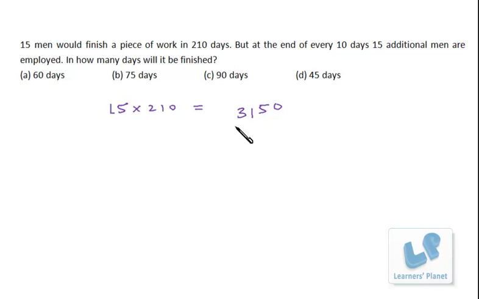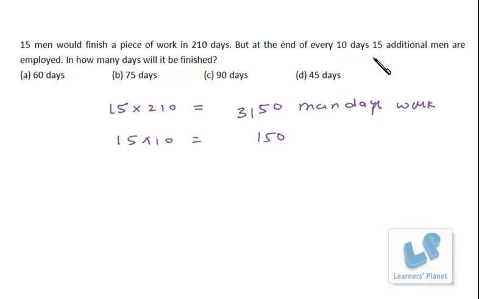That means in all it is 3150 man days of work. Now for 10 days, these 15 people are working all alone, right? That means in 10 days, 150 man days of work has been done.